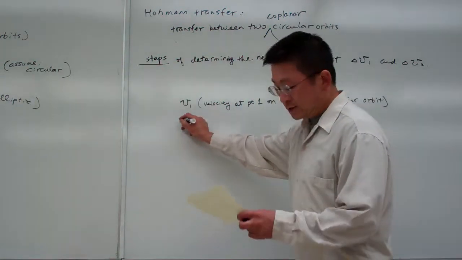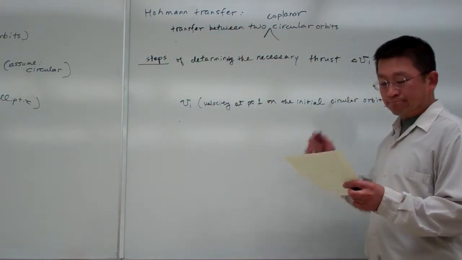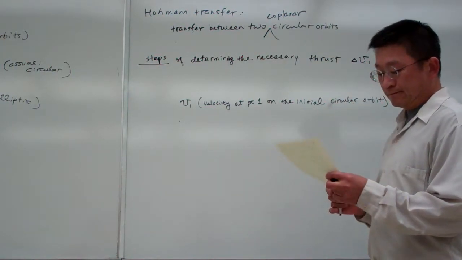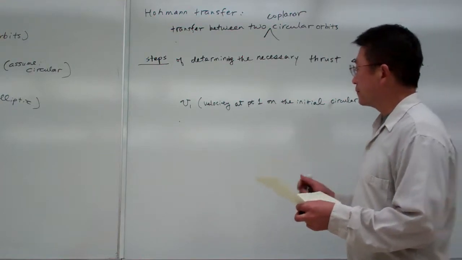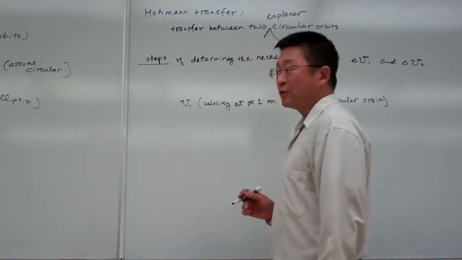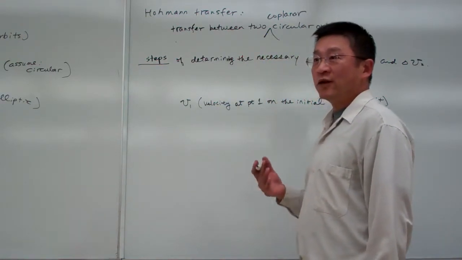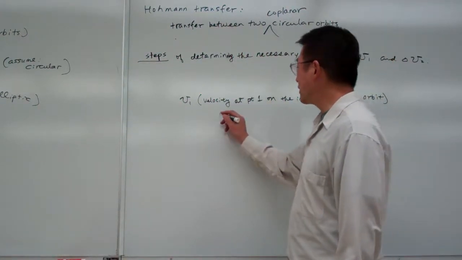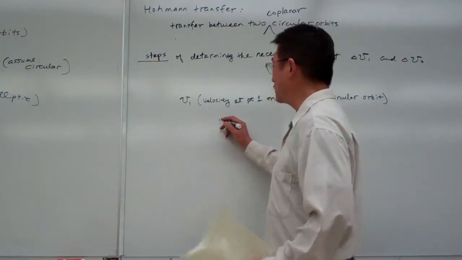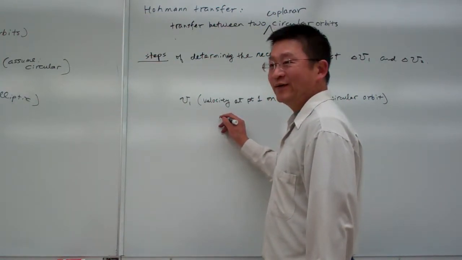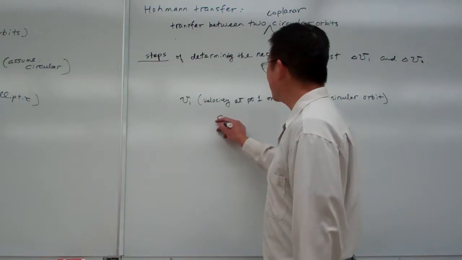And how can we determine this? Circular orbits, what is the speed on the circular orbits? I don't have notes here. Anyone can help? Okay, we can start from here.